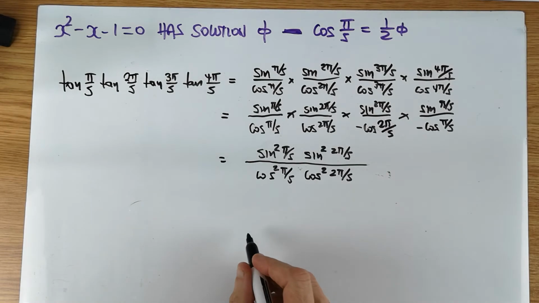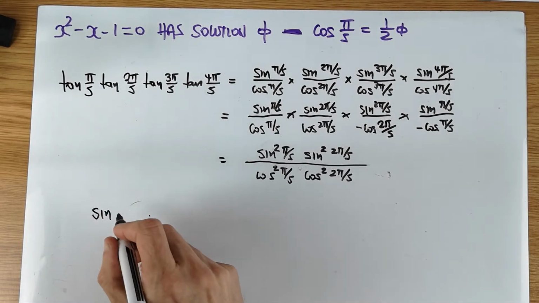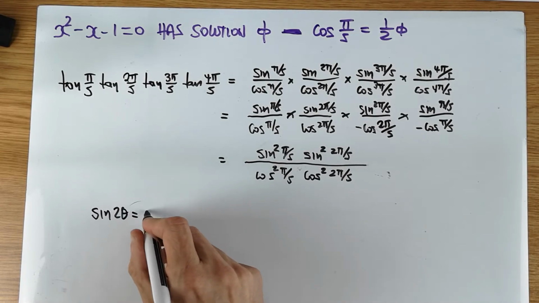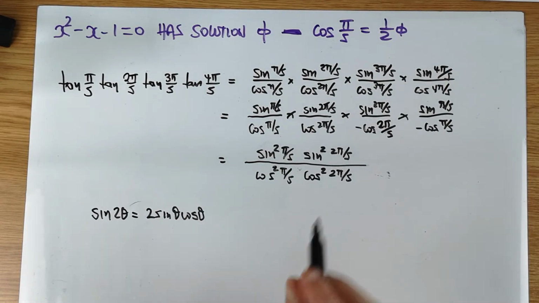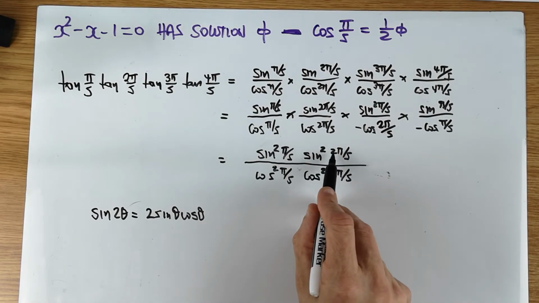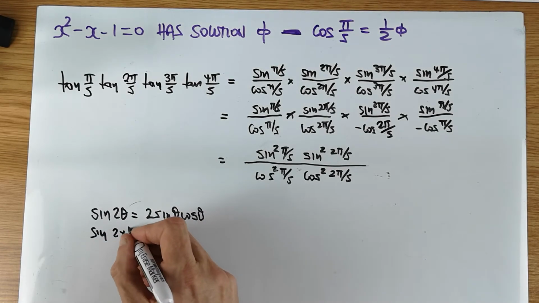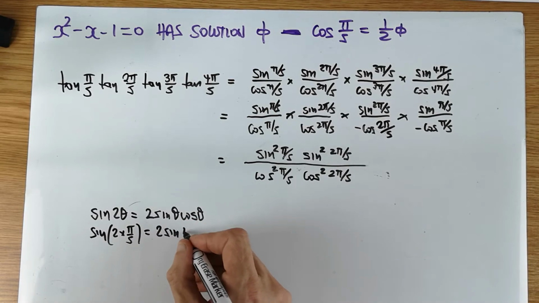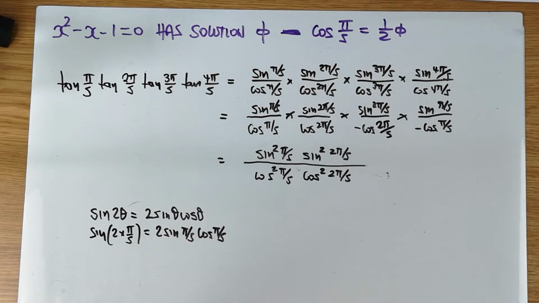So the first thing to write down is, I'm going to write the identities here that I'm going to use. So we're all happy. Sine 2 theta is 2 sine theta cos theta. We all know that. And I'm looking at this quantity here, forget about the square, sine of 2 lots of pi over 5. So the sine of 2 lots of pi over 5 will be 2 sine pi over 5 cos pi over 5.